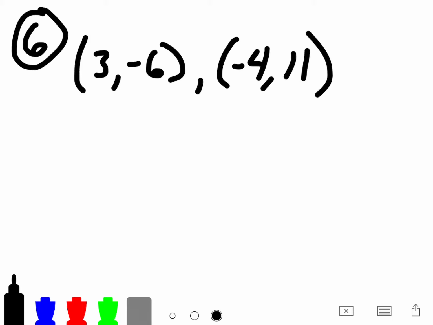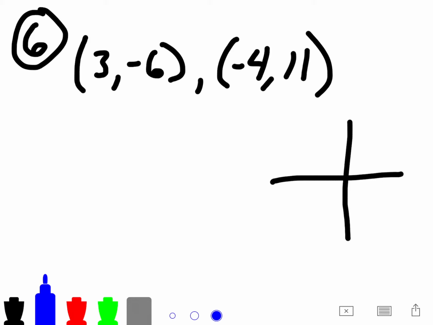You could also graph these if you wanted to think about it visually. You don't have to write this part down. But if you're thinking about it conceptually, you don't even have to graph it specifically. If I go forward 3 and then down 6, that's somewhere over here. And if I go backwards 4 and up 11, that's somewhere way up here, right?